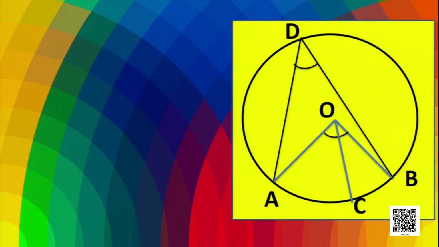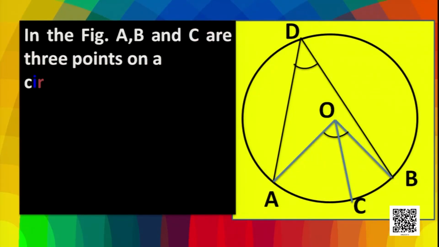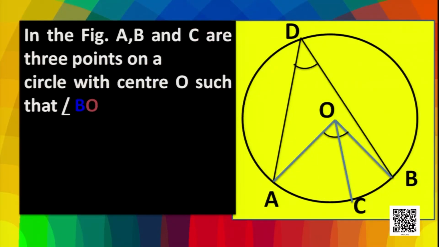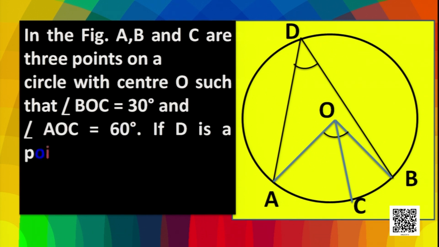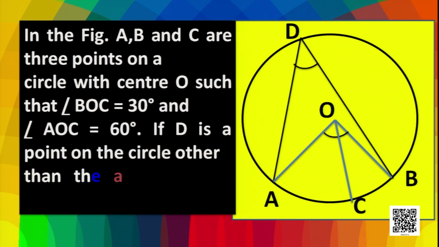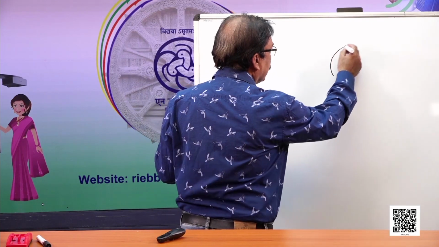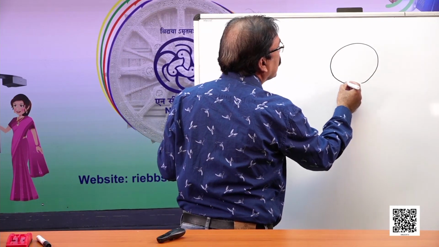Now you see, here is one of the applications. The question says, in the figure A, B and C are 3 points on a circle with center O such that angle BOC equal to 30 degree and angle AOC equal to 60 degree. If D is a point on the circle other than the arc ACB, find ADB. So let's see. This is the given circle.